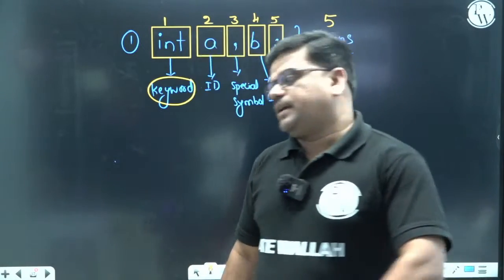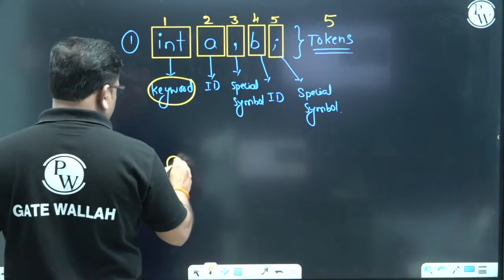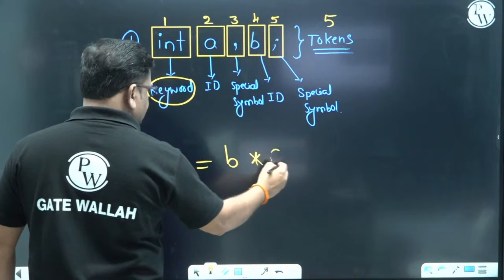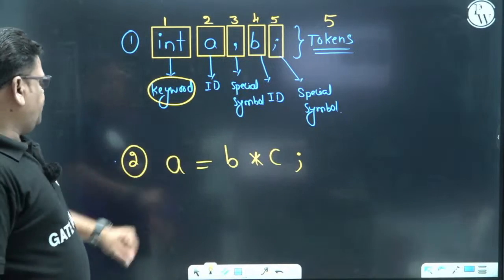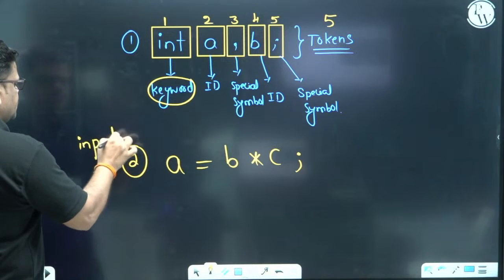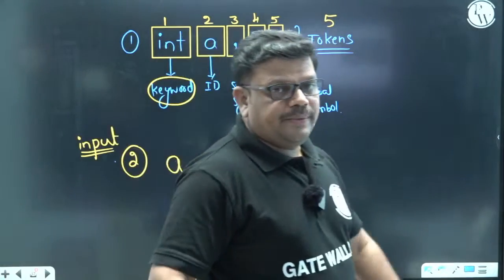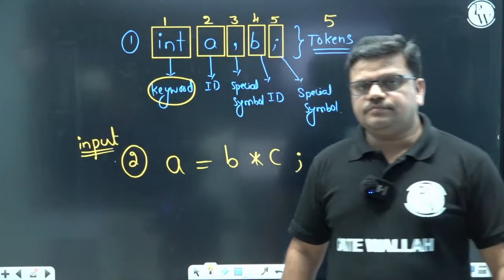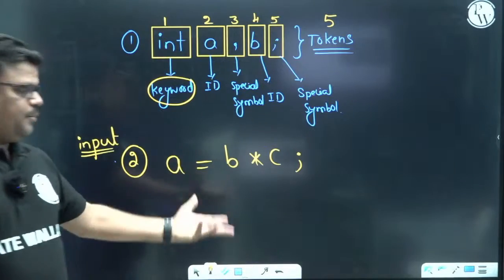Okay, right. So now I am giving one program statement, an expression. Assume this is my input to the lexical analyzer. How many tokens will be produced for this input?